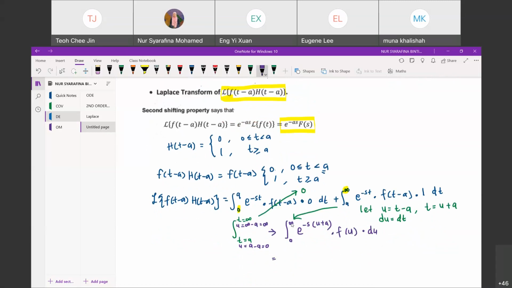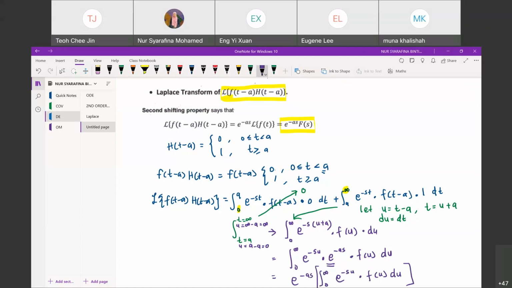Then here it becomes the integral from 0 to infinity of exponent negative su times exponent negative as times f(u) du. So this exponent negative as is a constant, so just put it outside: exponent negative as times the integral from 0 to infinity of exponent negative su times f(u) du. So this is just the definition of Laplace transform, right?